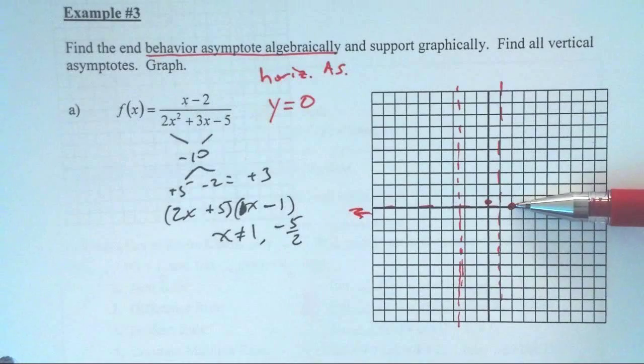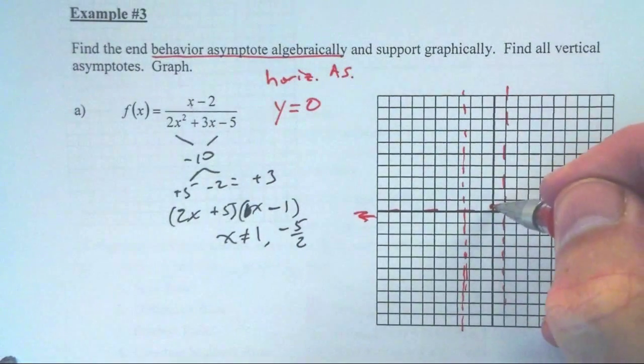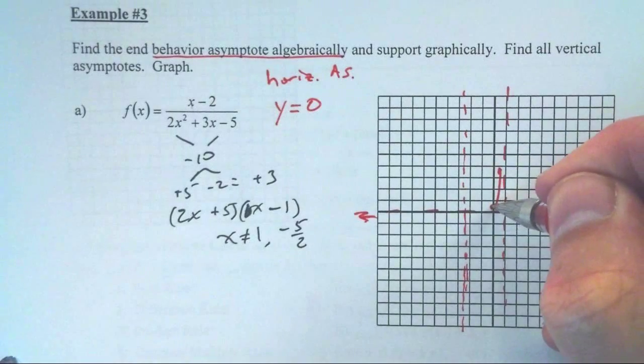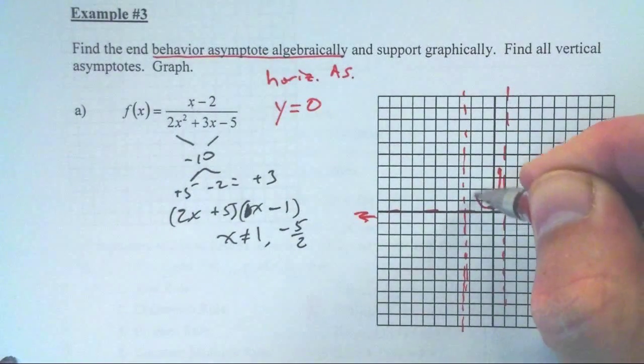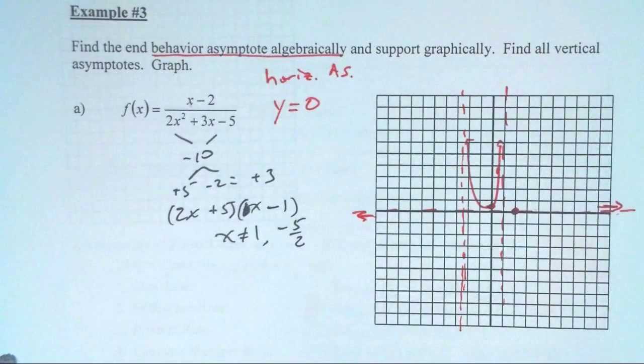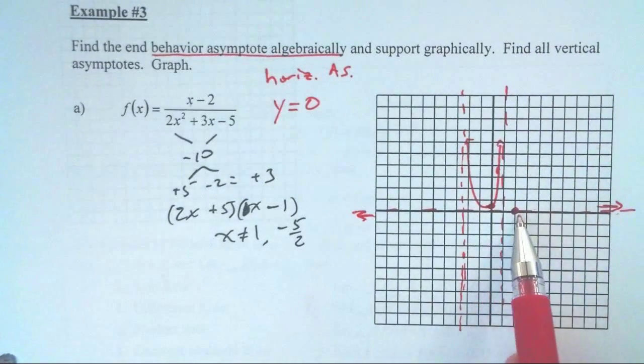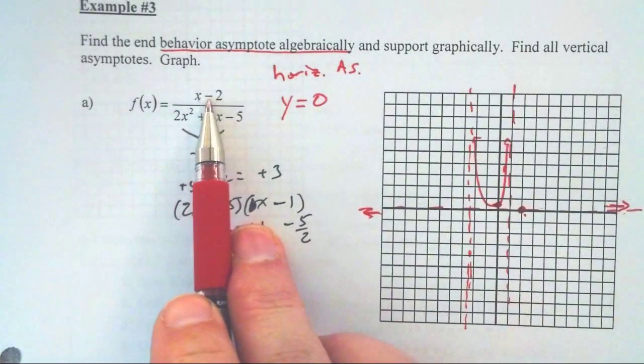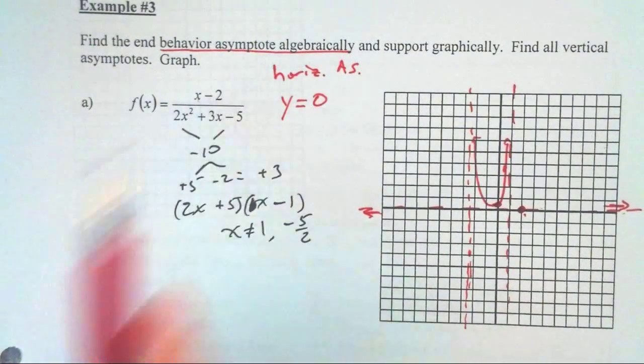It's the only way I'm getting through there. That's the only place I can hit 0. I don't know exactly what this looks like. I don't know exactly where it reaches the bottom, but it's got to look like this. I can't pass through another 0. The only 0 is at 2. Is that all right?